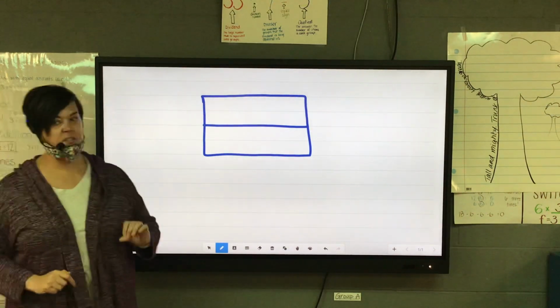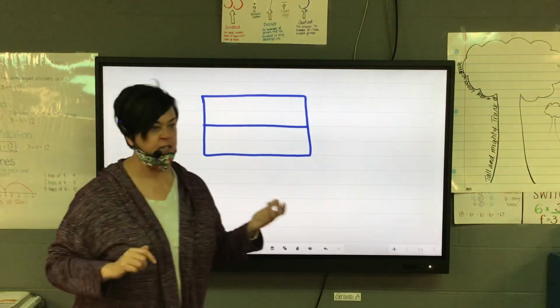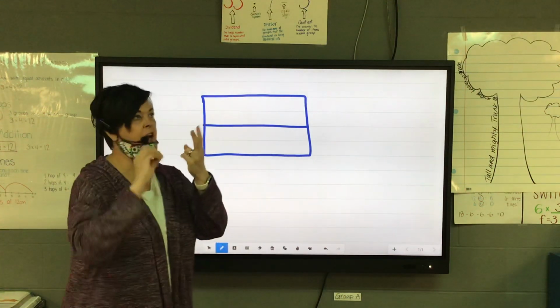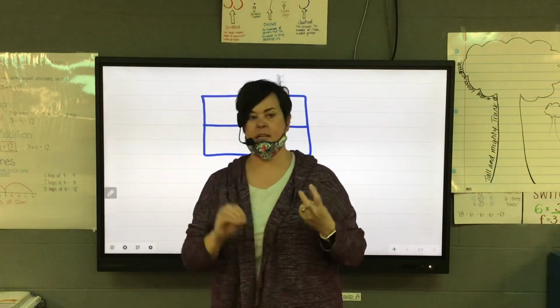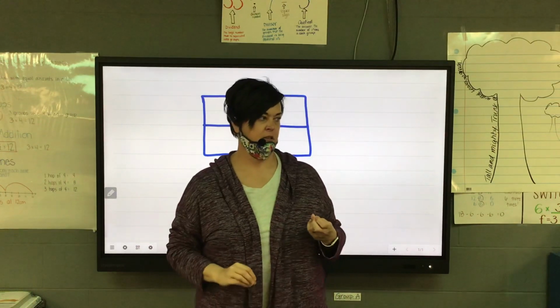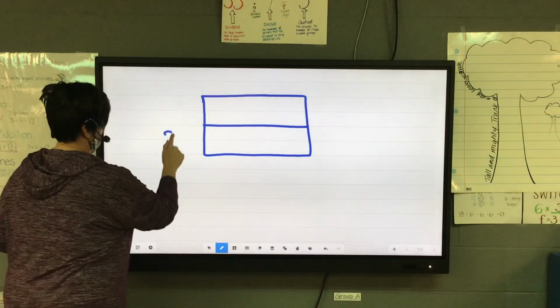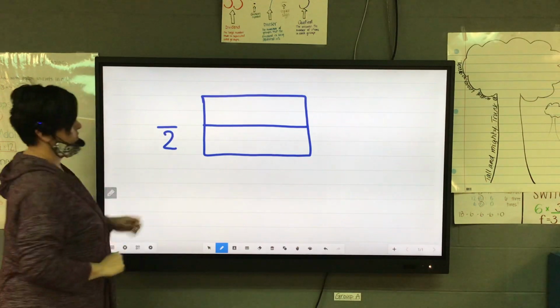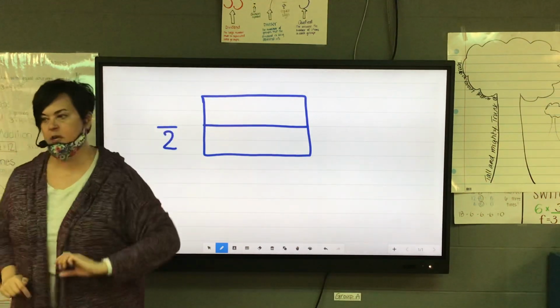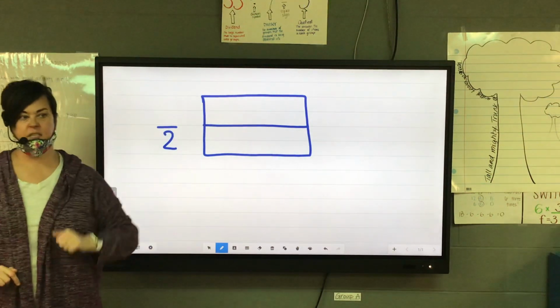How many equal parts does this rectangle have, everybody? 2. Is that our numerator or our denominator? Denominator. That is our denominator. So there are 2 equal parts in this rectangle.